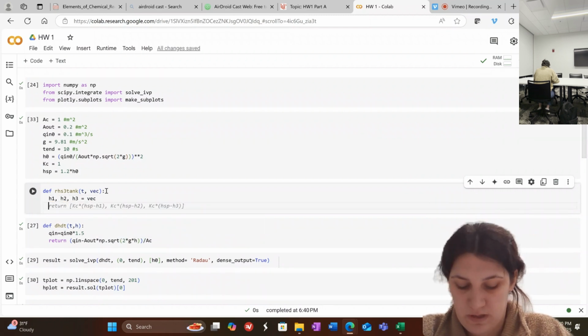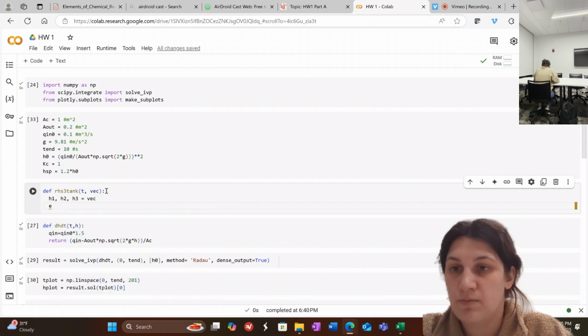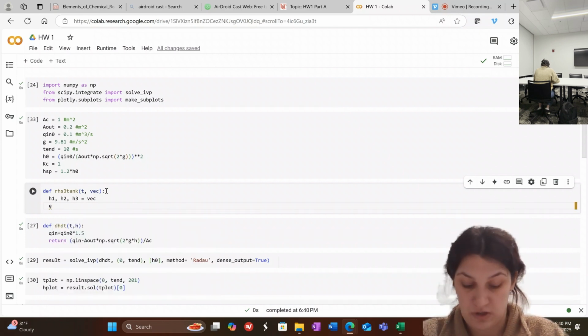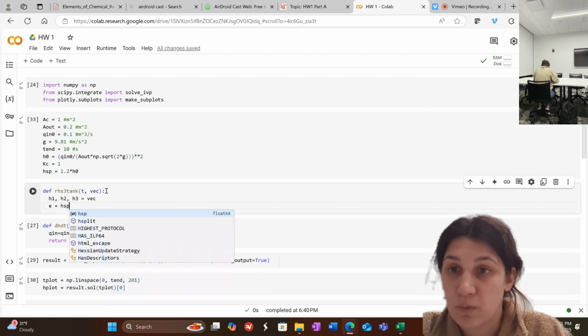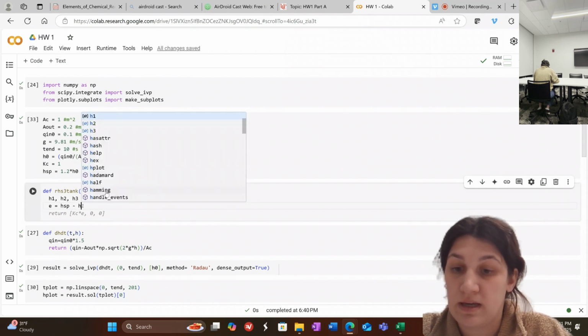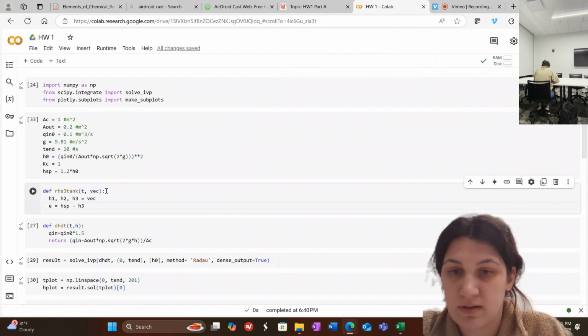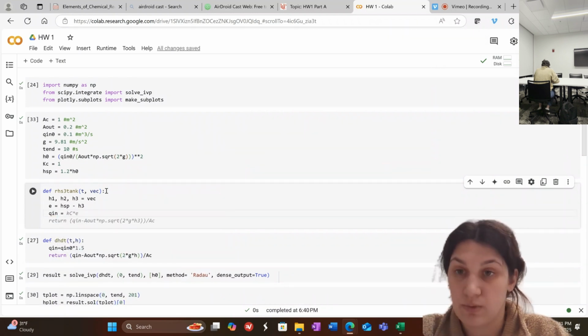Then we're going to define our error, which, as we just talked about, is just the set point minus h3. And we can also define Q in, since we were given that equation.